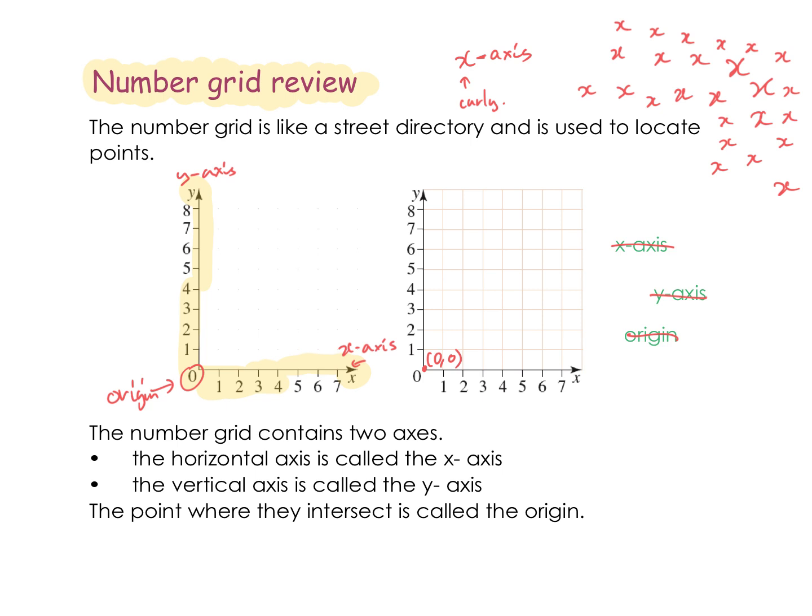Oh, one more point. When we're plotting points in maths, we do dots, don't we? We do dots, and then we write the coordinates next to it. I learnt this the other day, but when you're plotting things in science, you do a little cross, and you don't put the coordinates next to it. You wouldn't write 2, 7. So that's what we do in science in black, and that's what we do in maths there in blue.